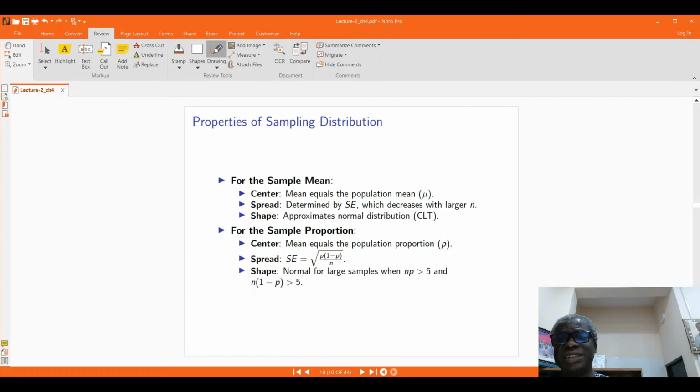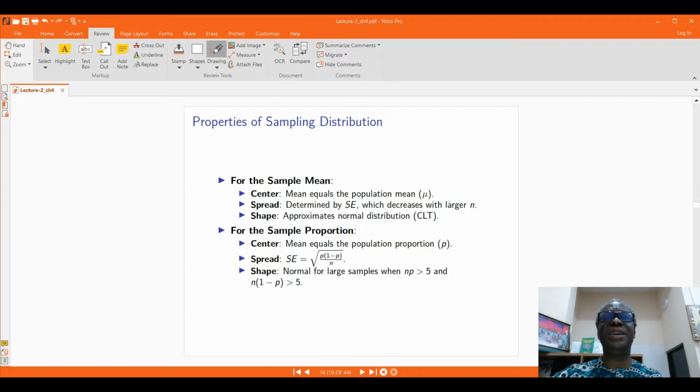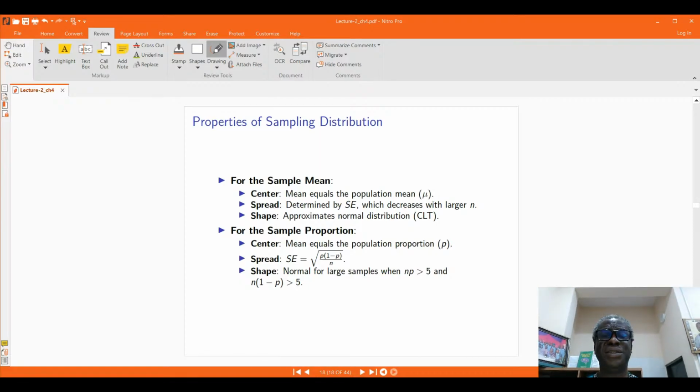So as you increase the sample size, of course your standard error decreases. So it's always advisable that you take larger sample sizes where possible. There are situations where it may be expensive to take larger sample sizes.